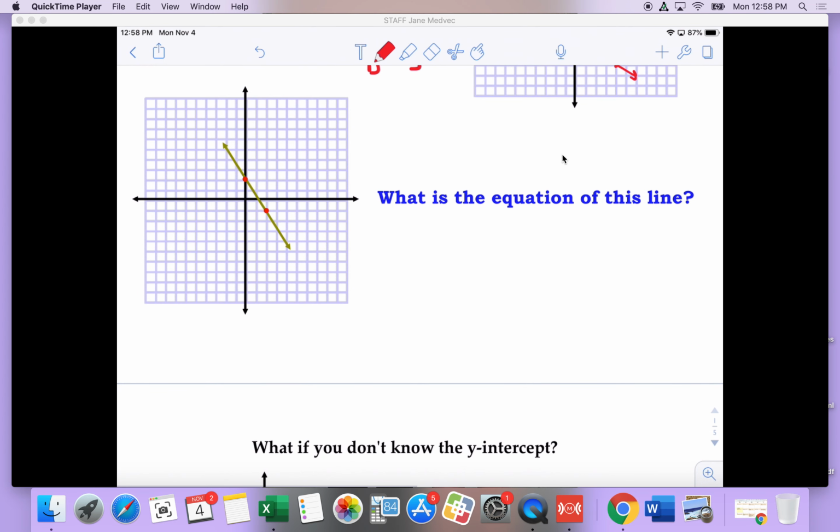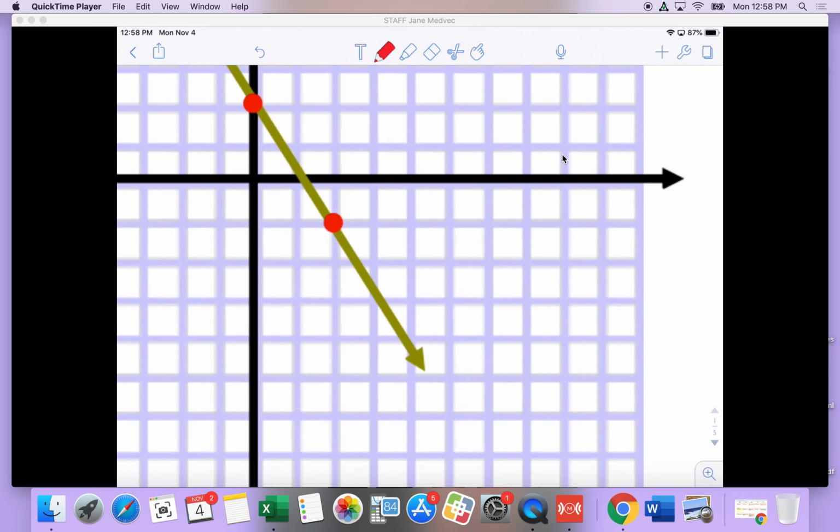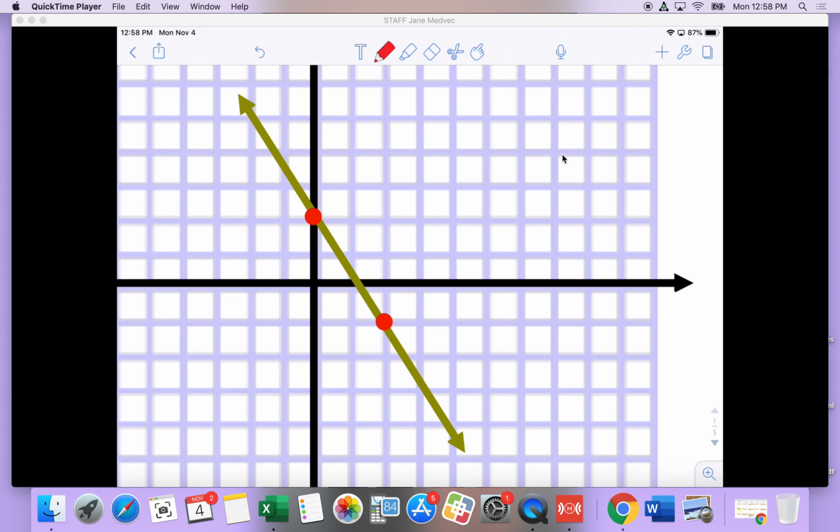This one says, what is the equation of the line? So let's take a look first of all at my m. What we do is it's the first point we come to from left to right. So this point right here, this is the point that I'm looking at. And it's kind of a direction. So I'm going to go down 1, 2, 3.